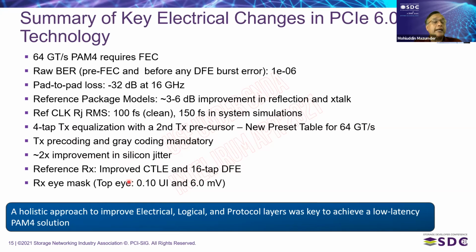Also, we expect even more improvement in receiver quality by defining a receiver eye mask of the outer eye, top eye, of 10% UI and only 6 millivolts, which means a very weak signal has to be detected by the receiver. So it puts a stringent constraint on the quality of the receiver that we must have.